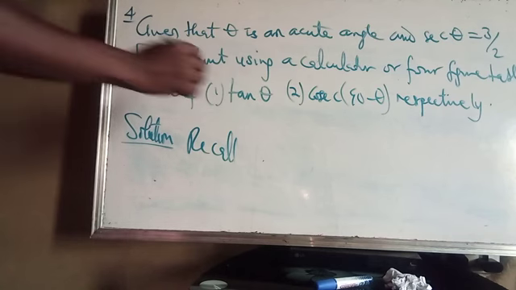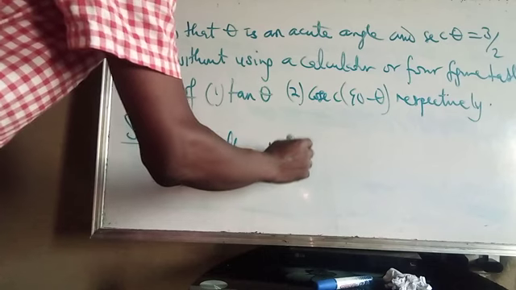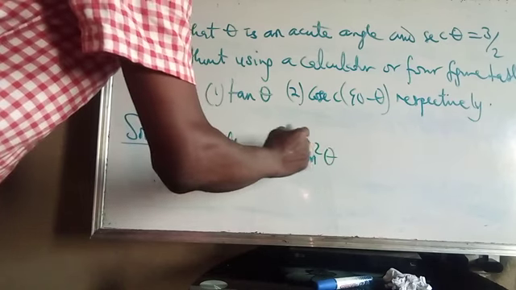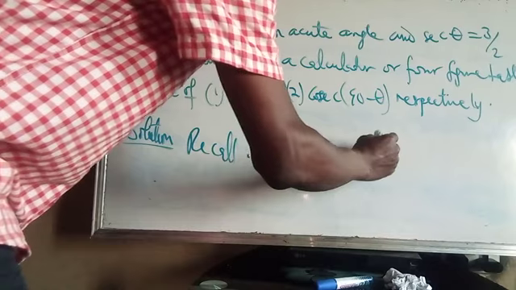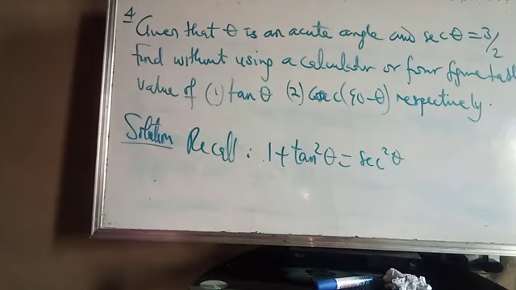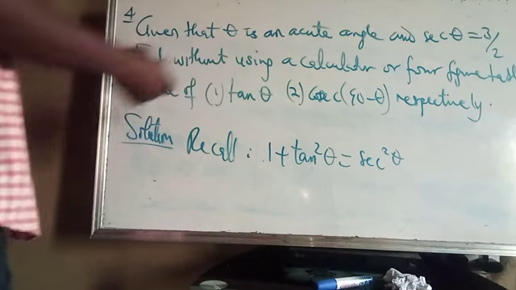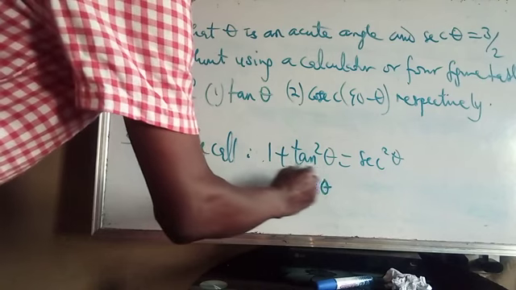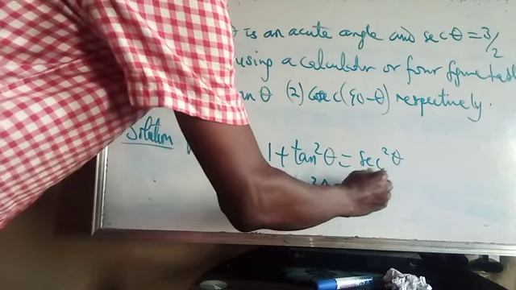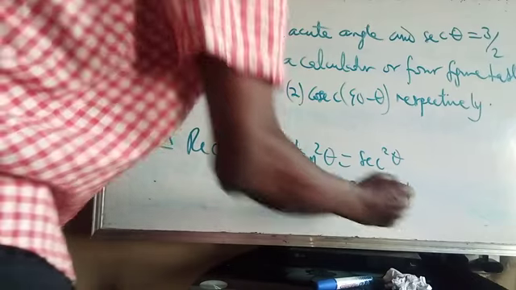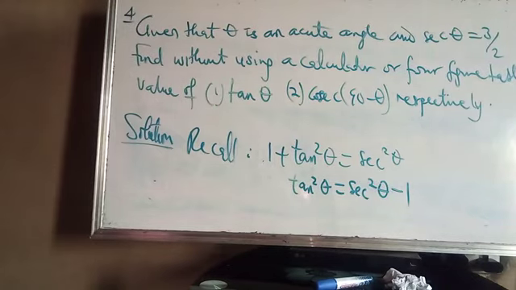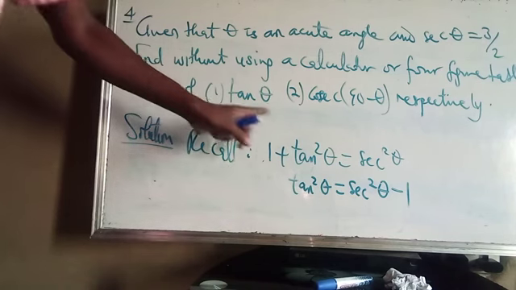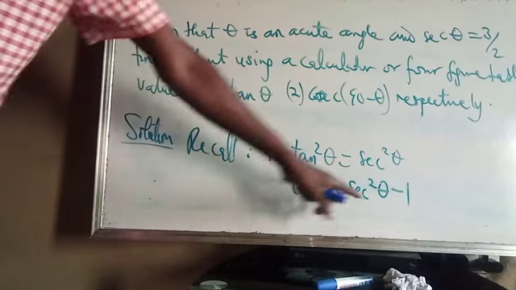Now, recall, is there any identity that combines tan theta and sec theta together? Yes. Recall, 1 plus tan square theta is equal to sec square theta. Beautiful. So from here, for us to get tan theta, it will not be difficult again. So you can say tan square theta now will be sec square theta minus 1. Now, how do we get tan theta? Because we are looking for tan theta, find the square root of both sides.